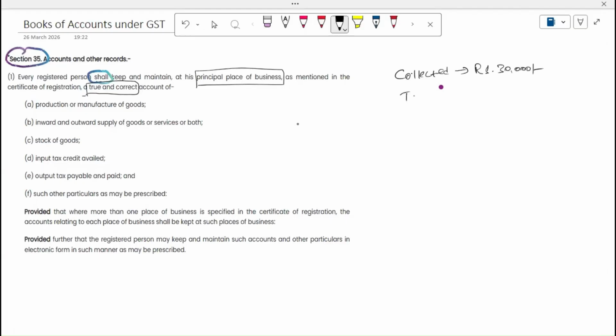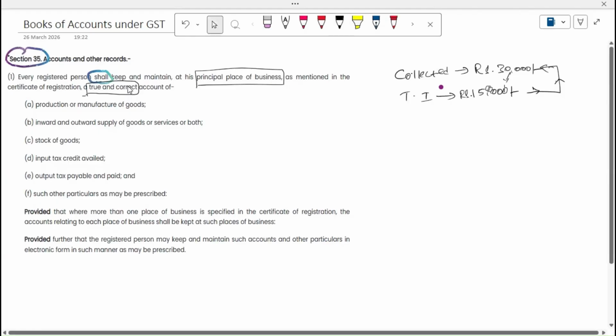Now I have given a tax invoice for rupees 15,000. Now they expect that there should be a correlation between the transaction you are doing and the activity that has happened. When you have collected 30,000, why are you giving an invoice for 15,000? This is what they would be interested to examine when they come for GST audit.